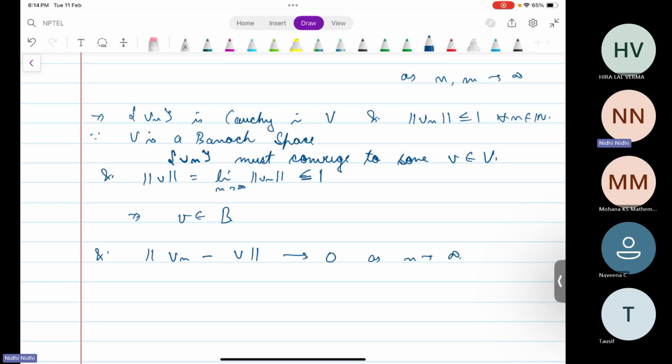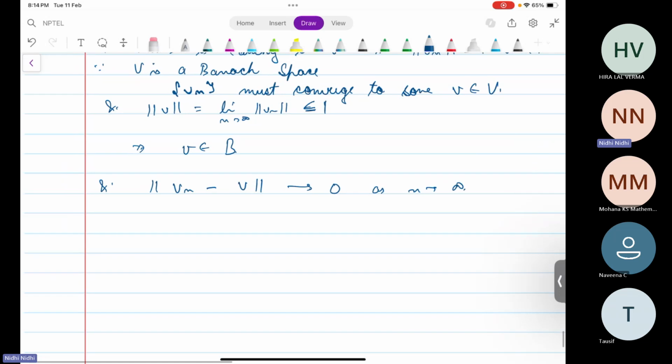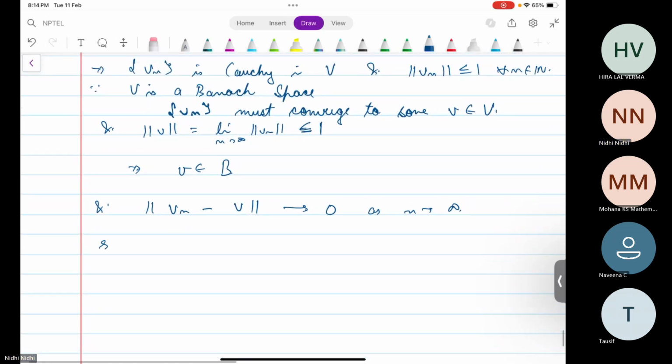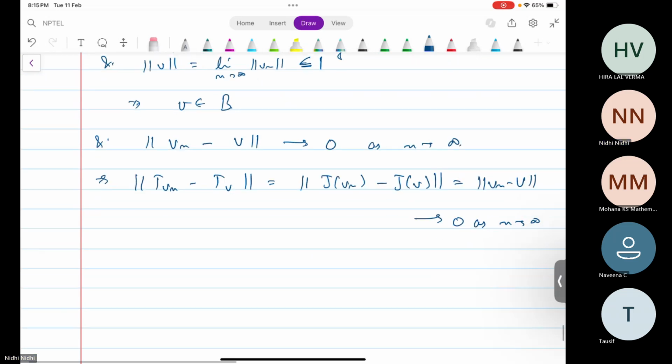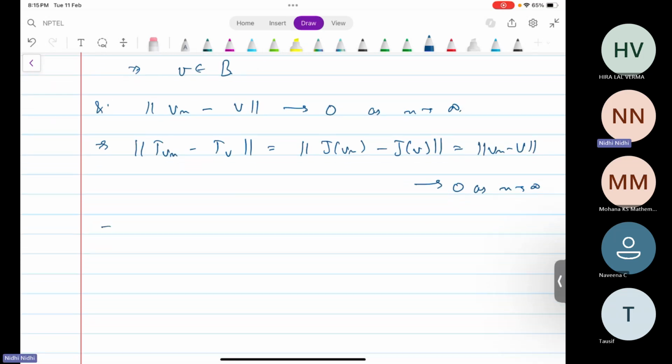Again, by the fact that J is an isometry, this implies norm TVn minus TV, which is equal to norm JVn minus JV, which is equal to norm Vn minus V, goes to 0 as n tends to infinity. This implies TVn converges to TV.